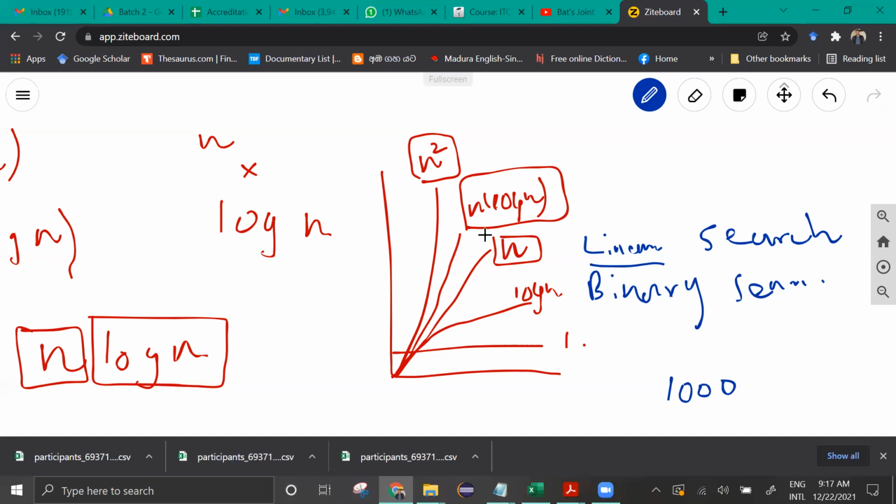And then bubble sort. So bubble sort is n squared. I will explain why bubble sort is n squared. Then in the next semester, we are going to learn sorting algorithms, for example, quick sort.